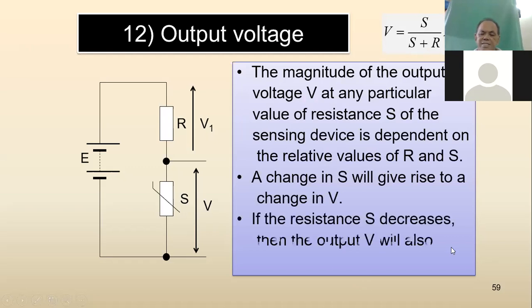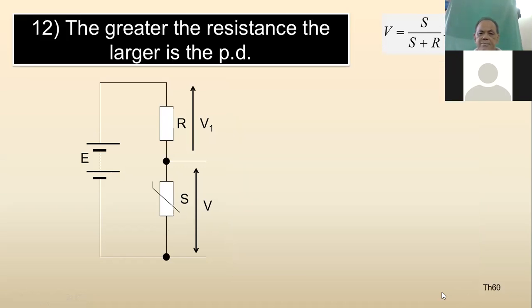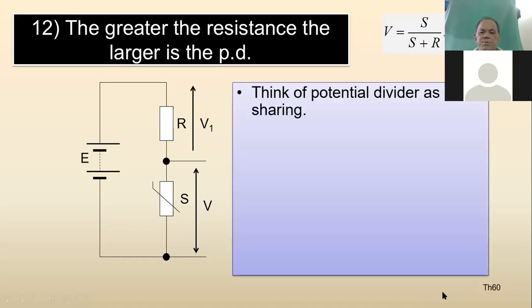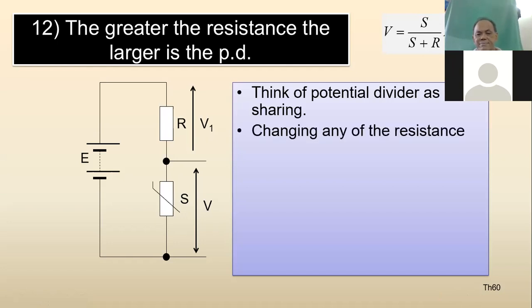So if S decreases, then our output voltage V decreases, whereas V1 will increase. Think of this as constant. If this one takes less voltage, this one will take more voltage, a sharing. Think of the potential divider as sharing the voltage of the EMF.